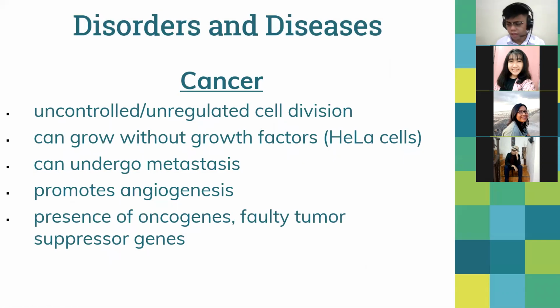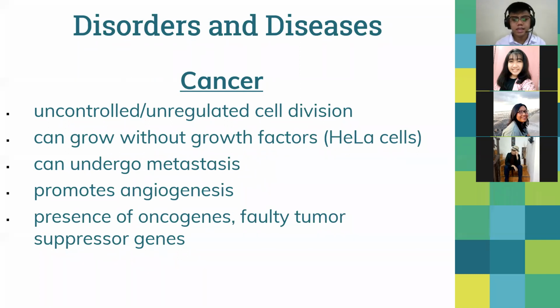But first, one of the diseases and disorders that we need to tackle is cancer. Okay, so cancer, paulit-ulit na tayo sabi dito, this is the uncontrolled or unregulated cell division, yung pagdami ng cell natin. So usually that unregulated cell division is what produces what we call tumors, diba?